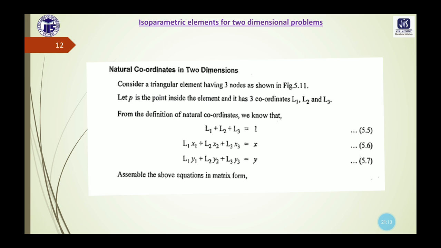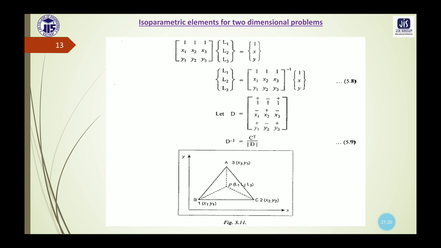So these are the three different equations, 5.5, 5.6 and 5.7, for the definition of the concept of natural coordinates. Now if we assemble these equations in matrix form, we can write a 3 by 3 matrix with rows 1 1 1, x1 x2 x3 and y1 y2 y3, multiplied by a column matrix L1 L2 L3, equal to a column matrix of 1, x and y.